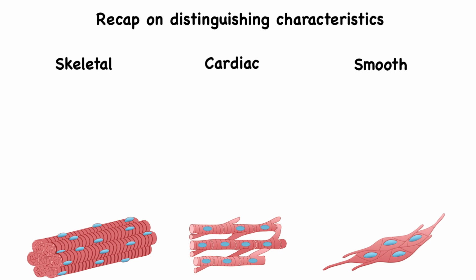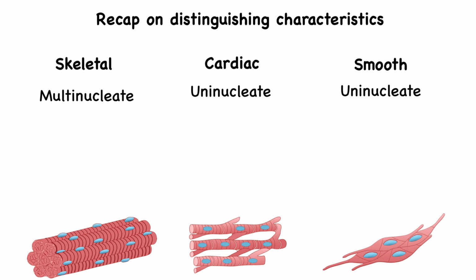Okay, so let's recap on what distinguishes each muscle type histologically from one another. Cardiac and skeletal muscle both have striations, so that's not really a distinguishing characteristic. Distinguishing characteristics would include that skeletal muscle is multinucleated, while cardiac muscle is uninucleated.